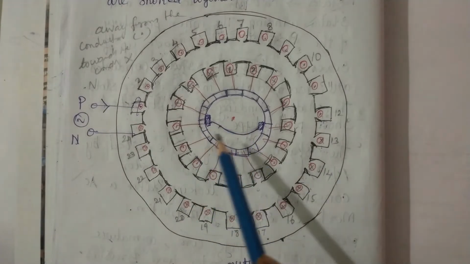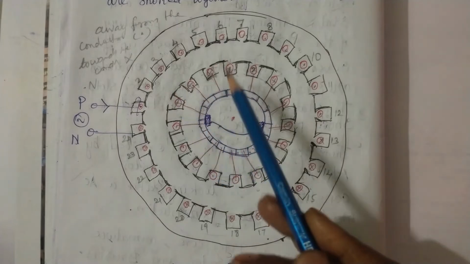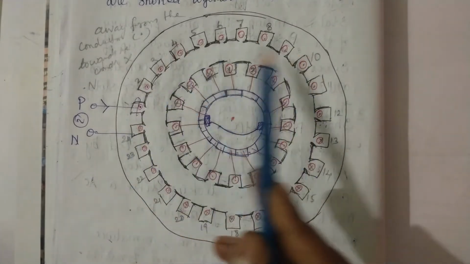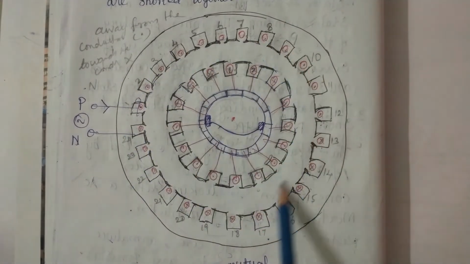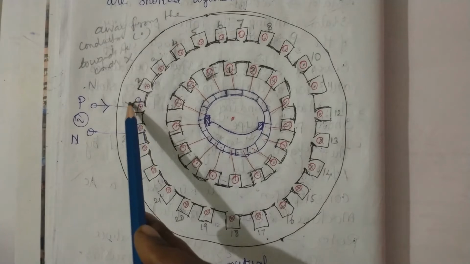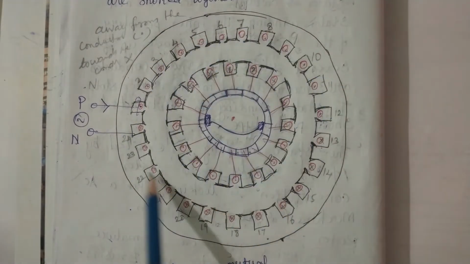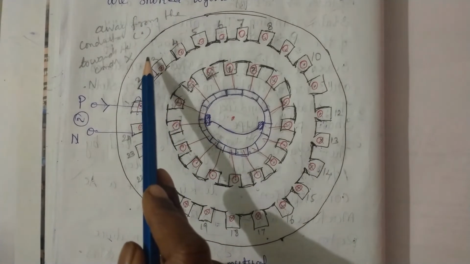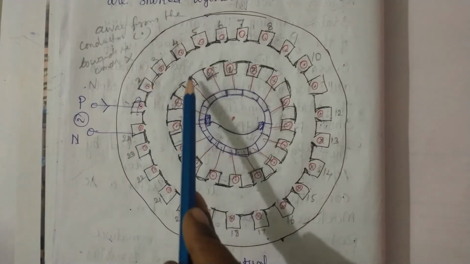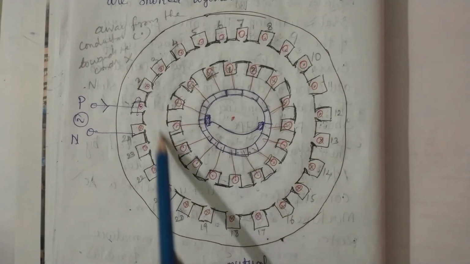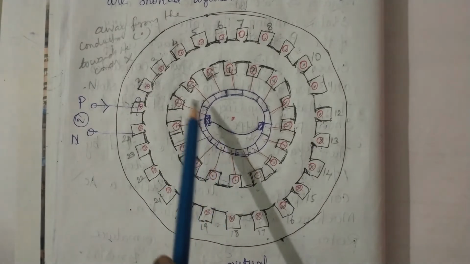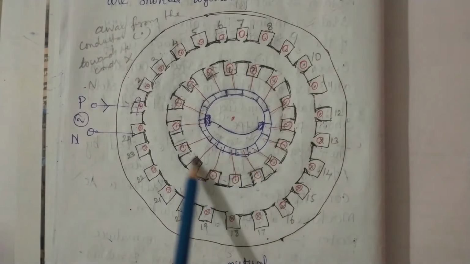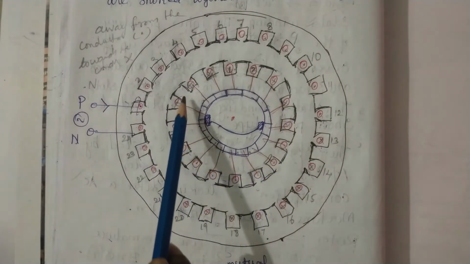The reason for choosing the reverse symbol on the rotor side is that we are giving a single phase AC supply on the stator side. Then alternating current will flow through the stator winding, and after that it will develop alternating flux on the stator side. According to the electromagnetic induction principle, the alternating flux developed in the stator will enter the rotor and induce EMF on the rotor side, across the armature conductors accommodated in the rotor.